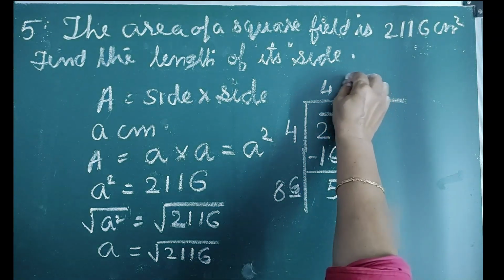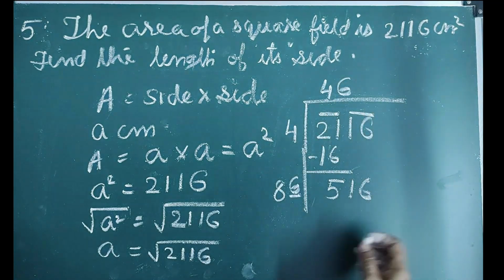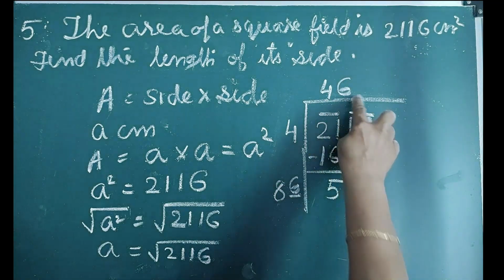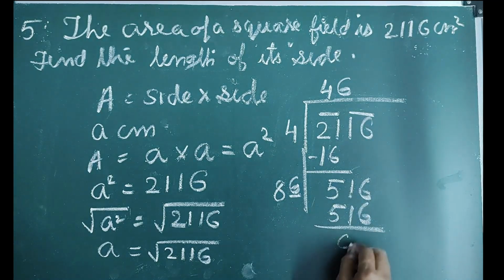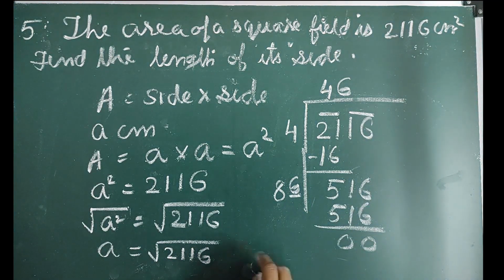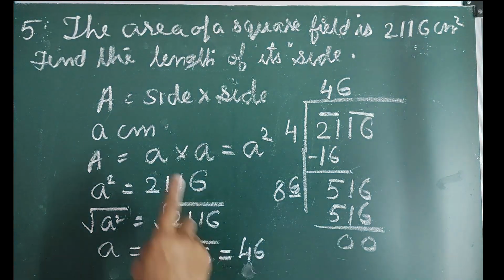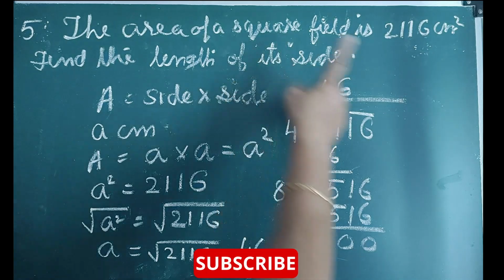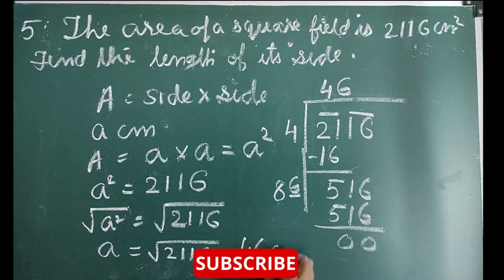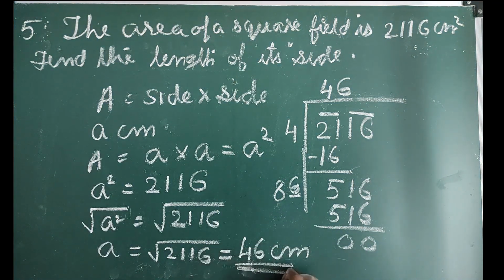Then 6 as the quotient. Now 86 multiplied by 6, we get 516. So the square root of 2116 equals 46, and the length of the side of the square field is 46 centimeter.